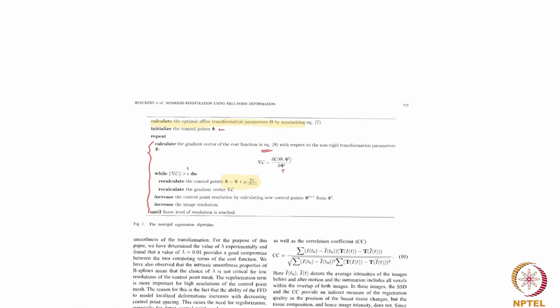This is an iterative process equivalent to gradient descent, and they used it for aligning breast tissue before and after injection of contrast, in order to identify breast lesions much more accurately.